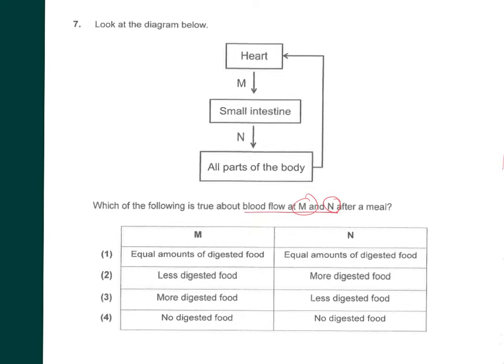So you would expect that blood leaving the small intestine to be rich in digested food, whereas the blood that comes into it should be poor or less in digested food. So in this case, answer should be option 2.